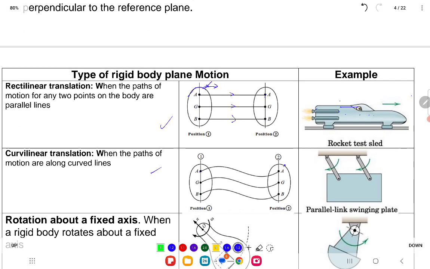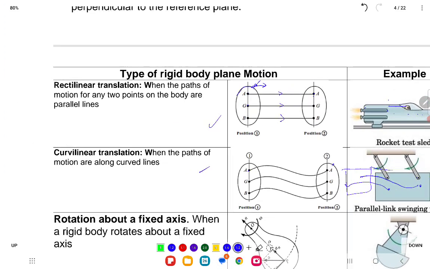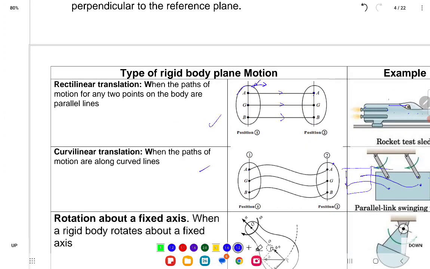For curvilinear translation, it's like the parallel link swinging plate here. When it swings, this point, for example, will be in a different position after it moves. If you look at another point, you'll find it's just the same parallel curvilinear translation. So these are the two types of translation.